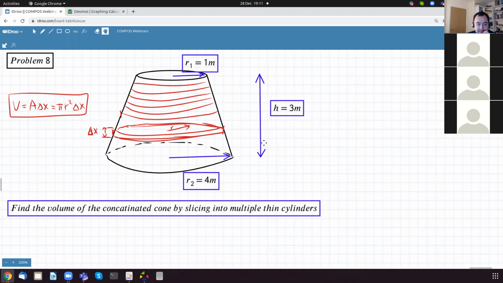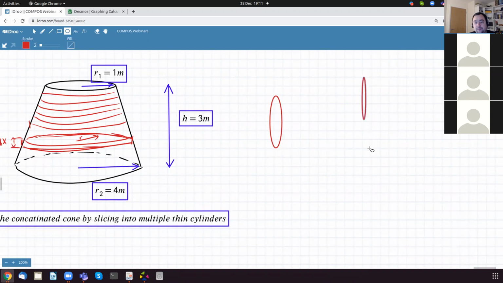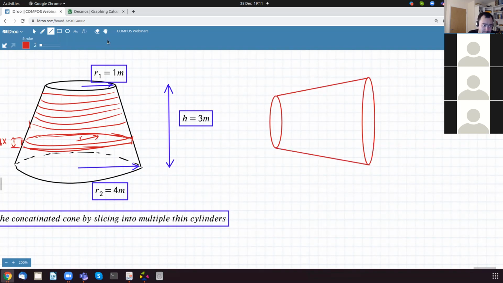Now let's tilt this truncated cone sideways and introduce a set of axes, because axes are always helpful. Okay, so we have a sideways cone and coordinate axes, which go like this. This is the x-axis. This is the y-axis.